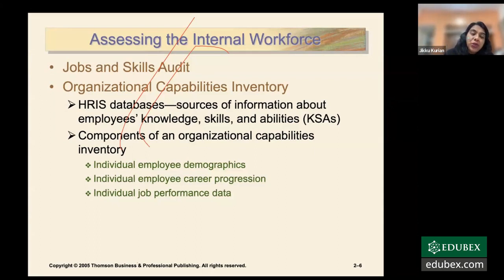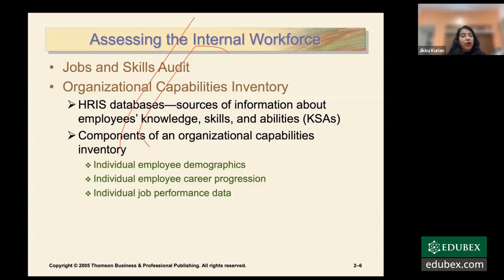So we normally do the jobs and skills audit. In this, we will try to understand what kind of jobs are existing in the organization and what kinds of skill sets are required for performing these tasks. For example, there is a terminology called job evaluation, where the organization will try to understand the value that a particular job adds to the organization.